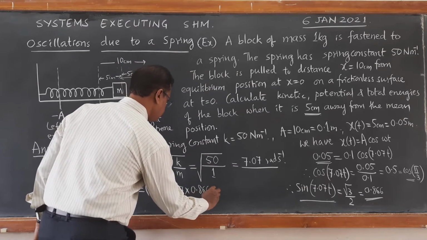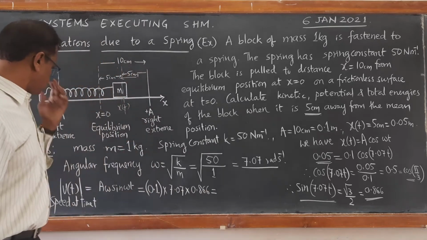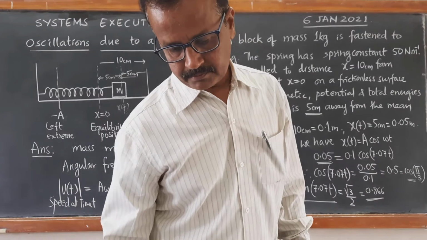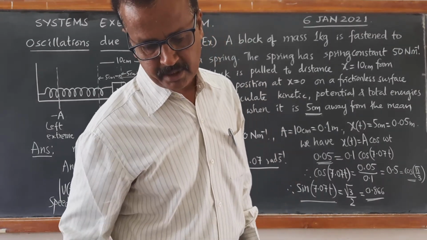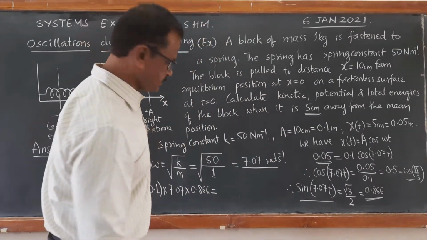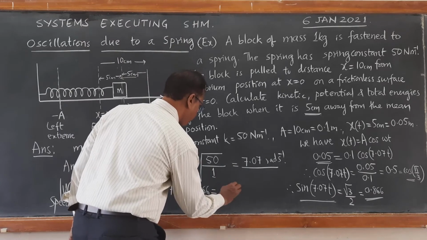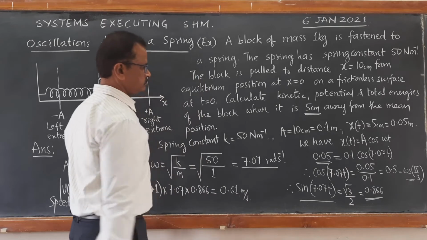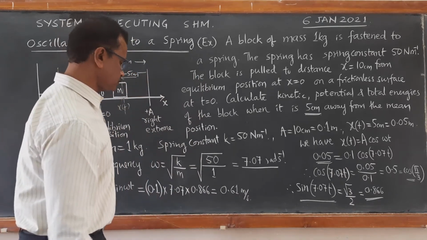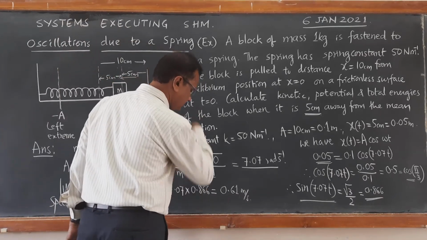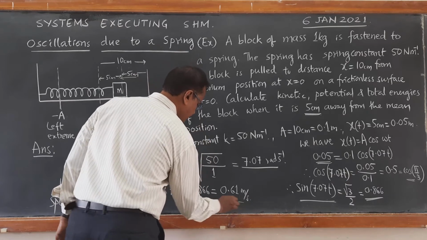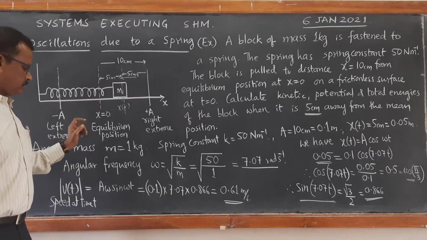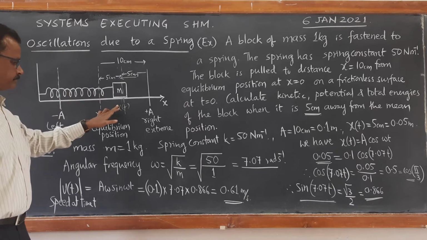So if you calculate this, it comes out to be about 0.61 meter per second. So this is giving us the velocity at this instant of time at 5 centimeter, or speed at this time.